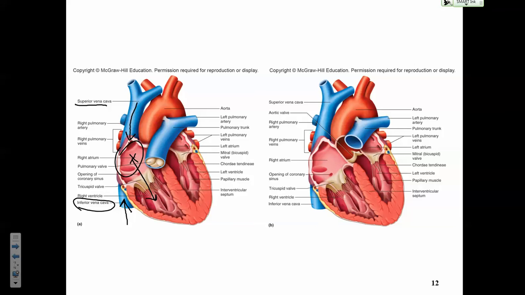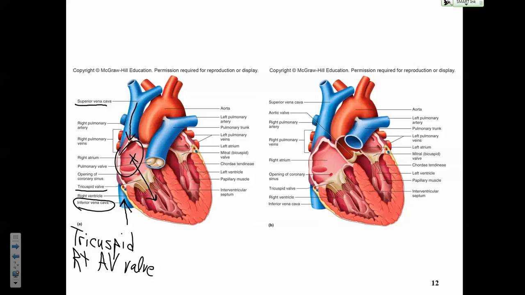All right, this first valve we're going to encounter has a couple of names. You can call it the tricuspid. It's got 3 cusps. Or another name for it is the right atrioventricular valve. AV is atrioventricular, between an atrium and ventricle on the right side. Makes sense, doesn't it?